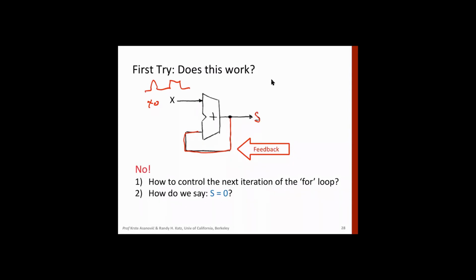Numbers will be recounted. Yes, because there is some delay here, some combinational logic delay, and as soon as the output is available, it will go again as an input, right? The first problem is, how do you even set s equal to 0 in this one?